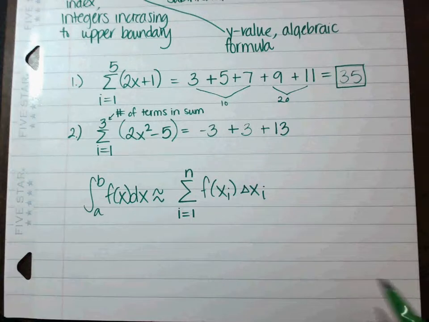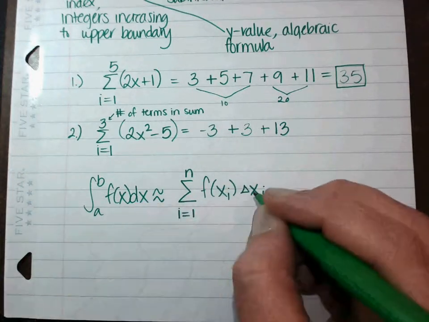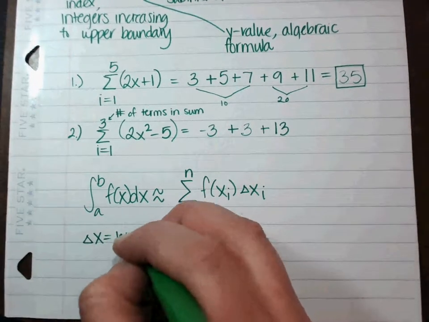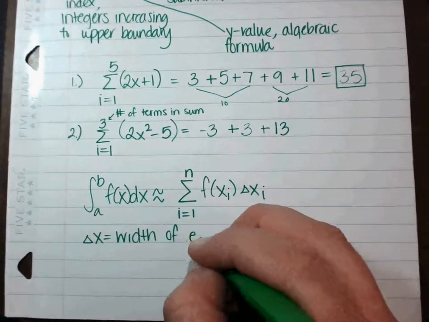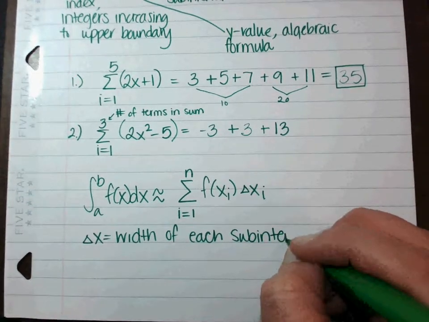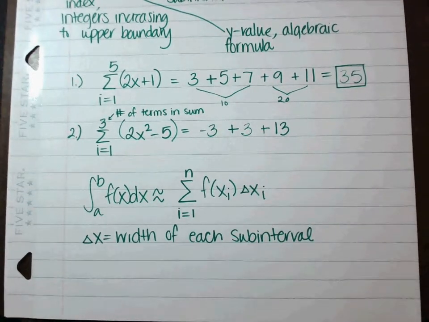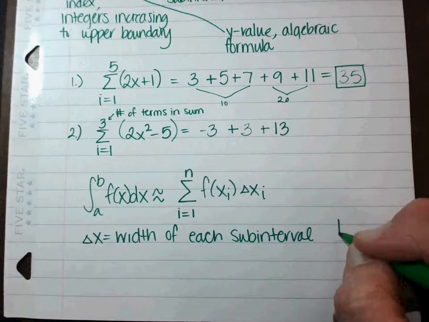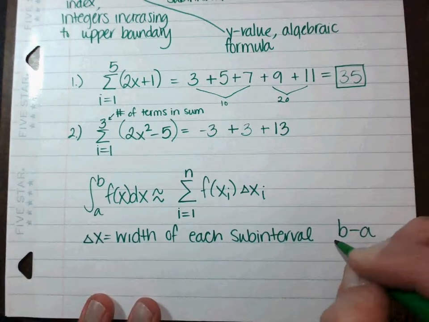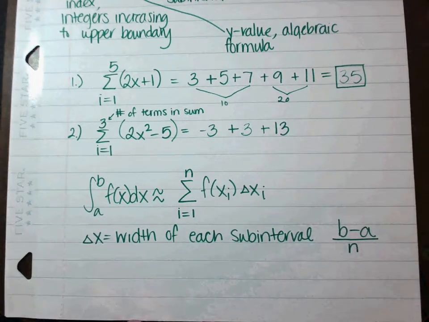Delta x sub i is the width of each subinterval, and you find it by figuring out how long b minus a is, and then dividing that by n.